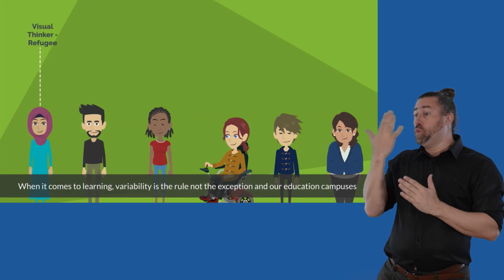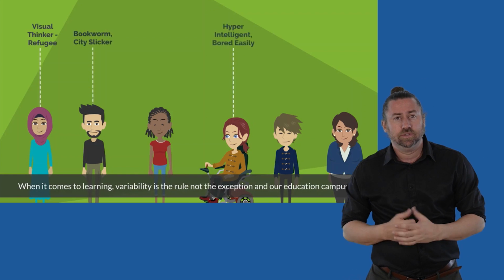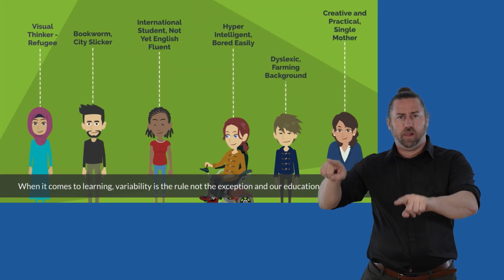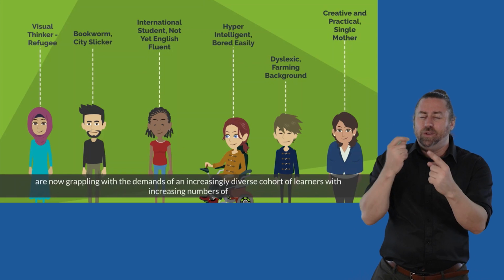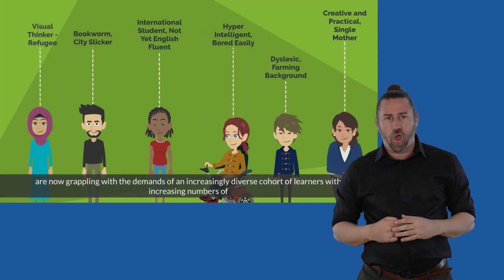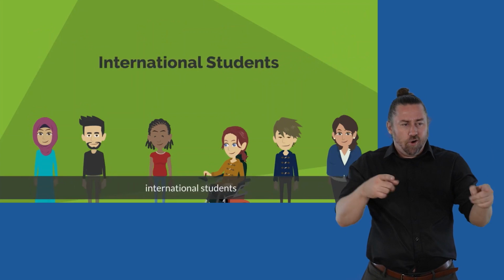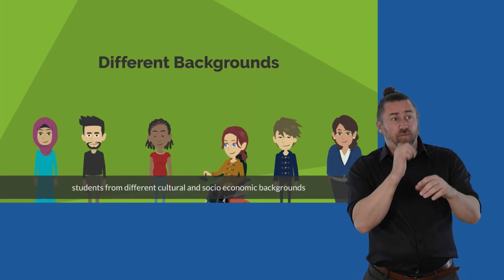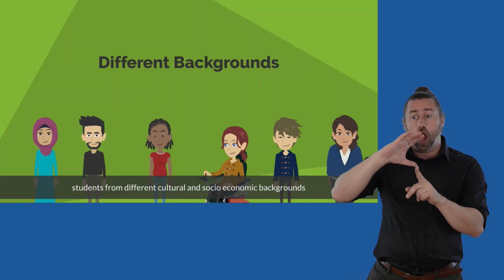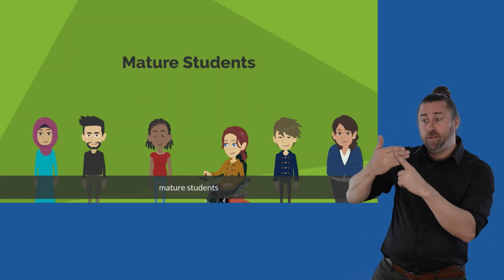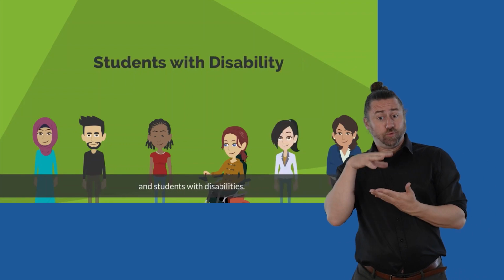When it comes to learning, variability is the rule, not the exception. And our education campuses are now grappling with the demands of an increasingly diverse cohort of learners, with increasing numbers of international students, students from different cultural and socio-economic backgrounds, mature students, and students with disabilities.